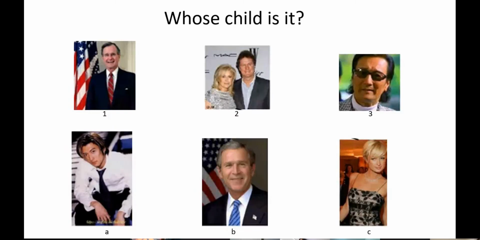We can choose the partner of parent and the child from this picture. Actually, the top 2 and C are the parents. 2 and C. Okay, let's look. 2 and C. Very good.